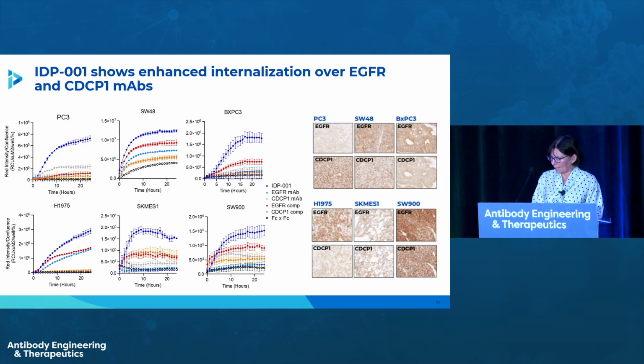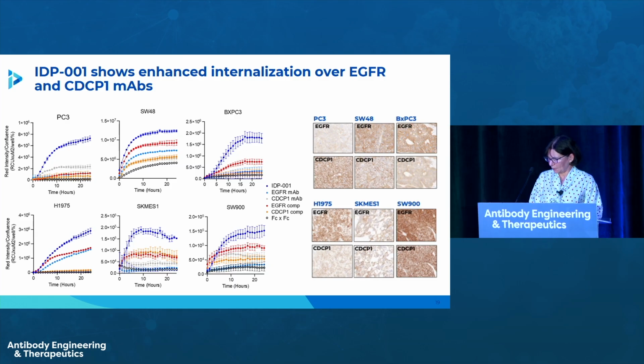All of these graphs are showing that IDP001 shows substantially enhanced internalization, either against the EGFR or CDCP1 mAb that was derived from those binders, or against competitor EGFR or CDCP1 bivalent antibodies that are in clinical development or already approved. In each of these graphs, these are internalization assays. We're looking at internalization over time.